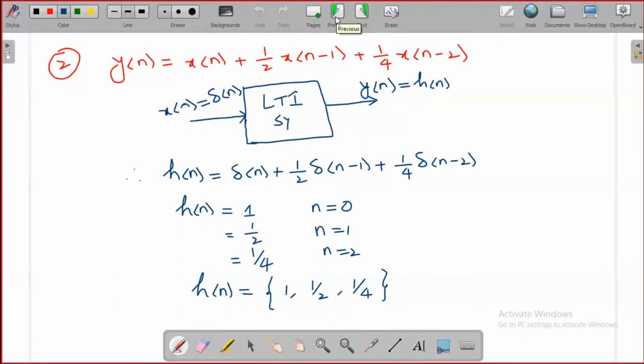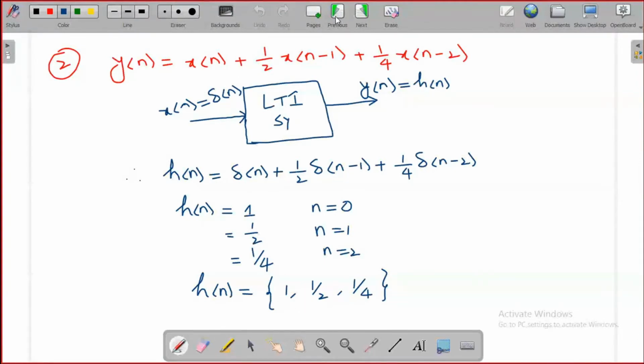For stability, if the system is described by a difference equation, and in case you don't have any initial output values like the y of 0 value, y of 1 value, in such cases, first try to find the impulse response by substituting the input as impulse. Then check the stability condition.